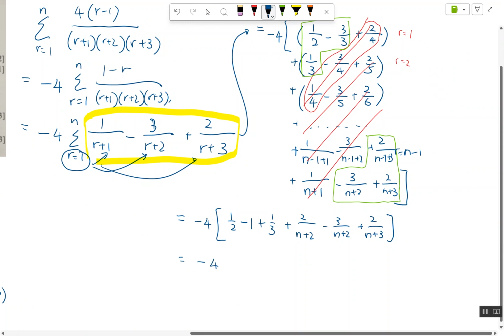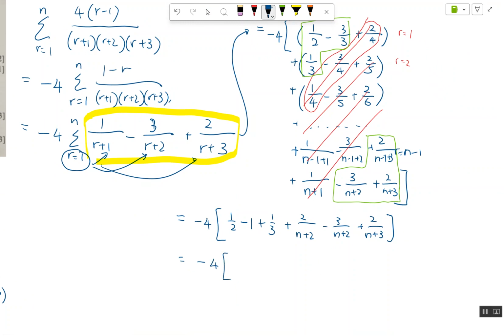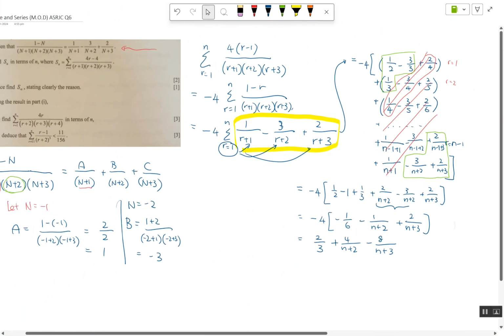Negative 4, I'm going to have 1/3 minus half, negative 1 over 6. This will become negative 1 over n plus 2 plus 2 over n plus 3, and your final answer will be 2/3 plus 4 over n plus 2 minus 8 over n plus 3.